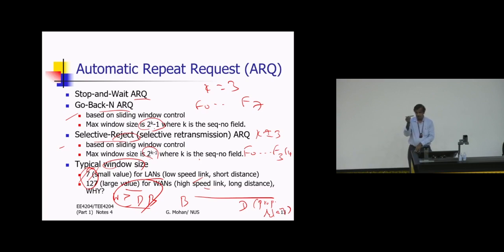For a link, you can estimate the round trip time easily, right? For a link, it's mostly fixed. You know the length of the link, so you know the round trip time, and you can estimate approximately within what time we can expect an acknowledgement. Some bound we can at least estimate. But for TCP, since it goes through multiple links and multiple routers, there could be queuing delay at different routers.